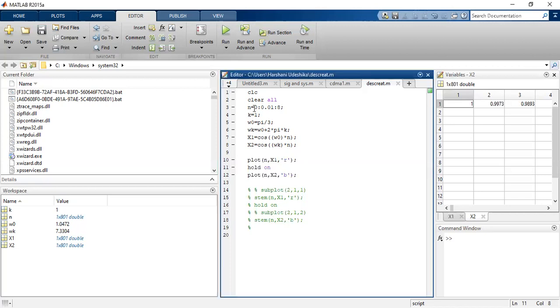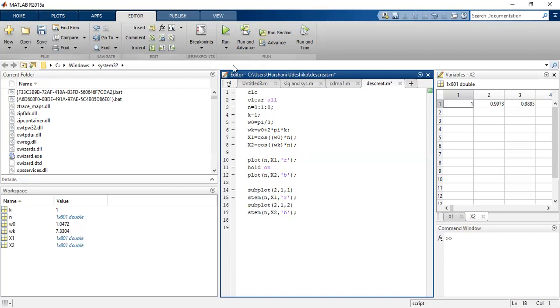Let me check if we get the same sample. I will plot it in two plots, otherwise you can't see the two signals, because one signal is exactly on top of the other, so you can only see one signal; the other is under it.